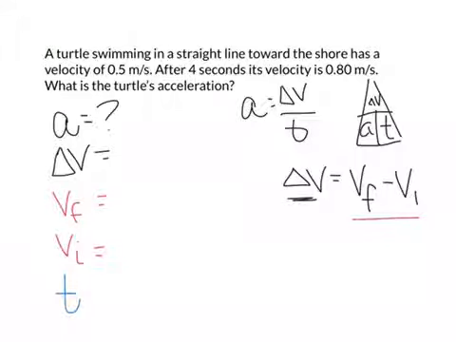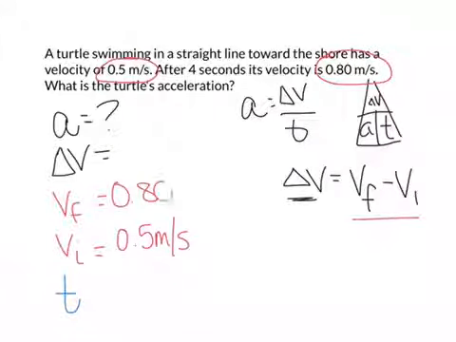A turtle swimming in a straight line towards the shore has a velocity of 0.5 meters per second. That is the velocity that we're starting at, or the initial velocity. After 4 seconds, its velocity is now 0.8 meters per second. That's my final velocity. And I also have 4 seconds, which is the time.